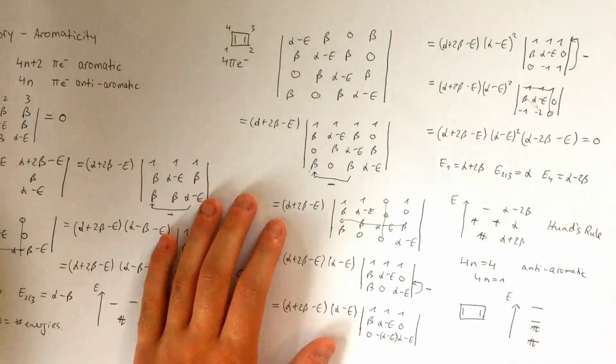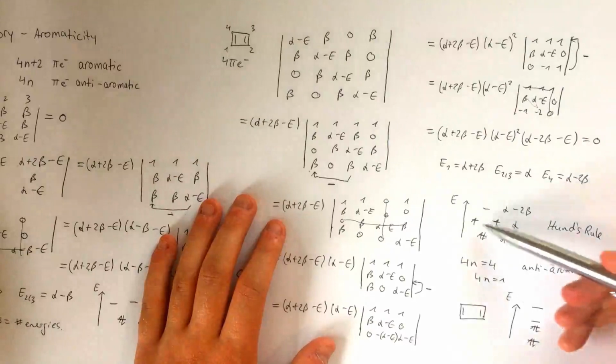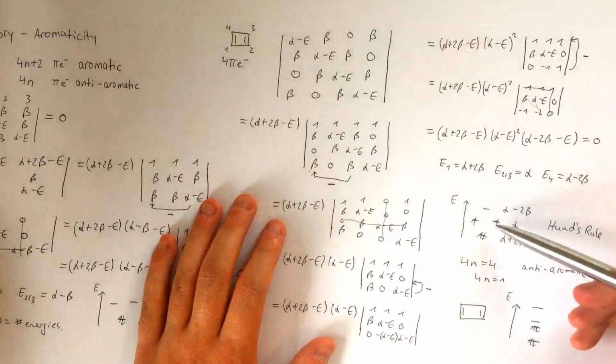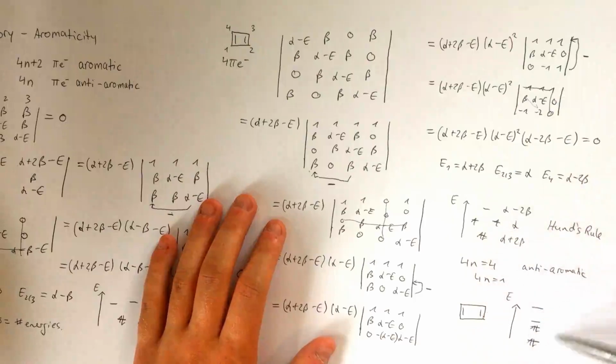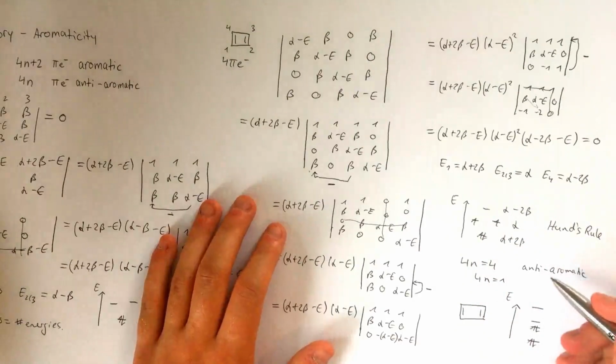So we see that if we have an anti-aromatic system with 4n pi electrons, the orbitals will only be partially filled, which makes it unstable to distortion, which overall lowers the energy of the system. That is the basis of anti-aromaticity.